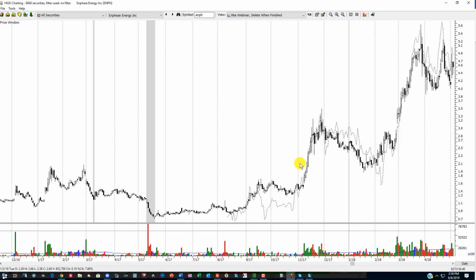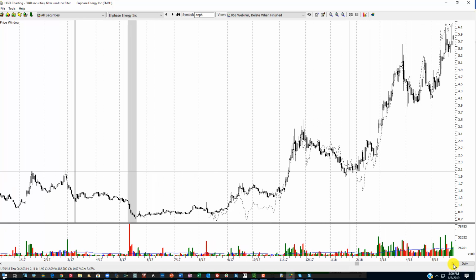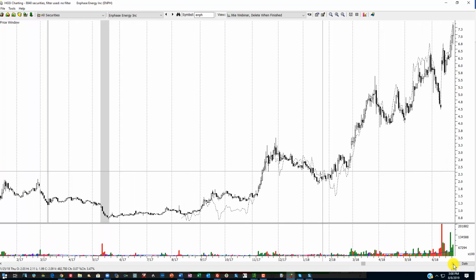It moved up nicely. Down here it was less than a dollar, and it moved up, and then it had fallen back, and it came down, and was resting around the $2 mark, and that's when it really started taking off.